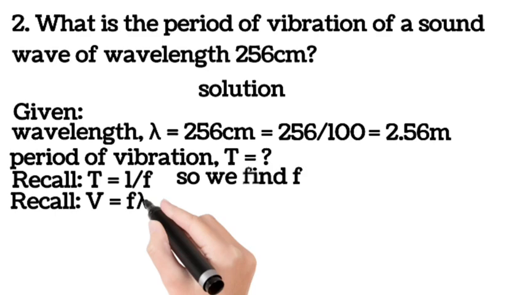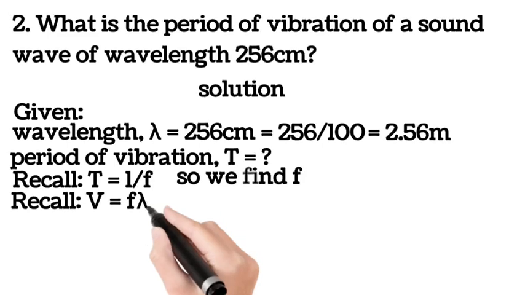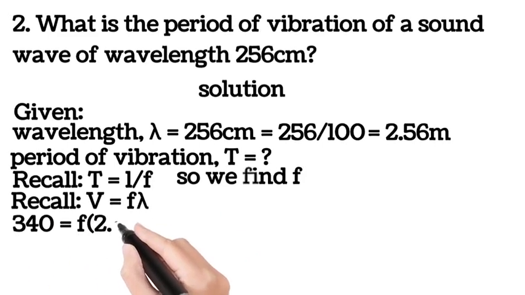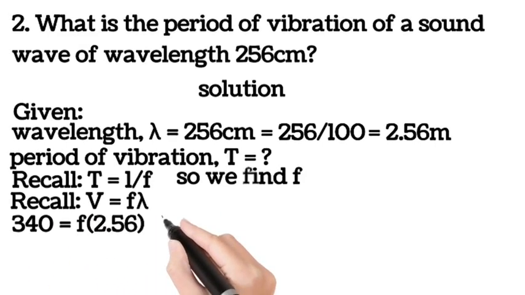Remember we said sound travels at the velocity of 340 meters per second. So we have our V, which is a constant, as 340 meters per second. So with this we can solve for F. Inputting our values, we have 340 equals F times 2.56.